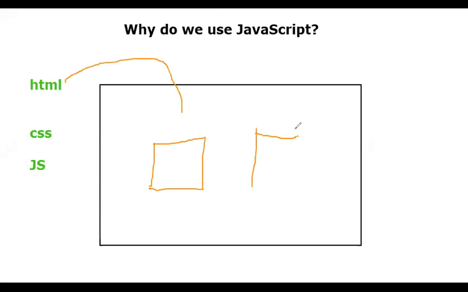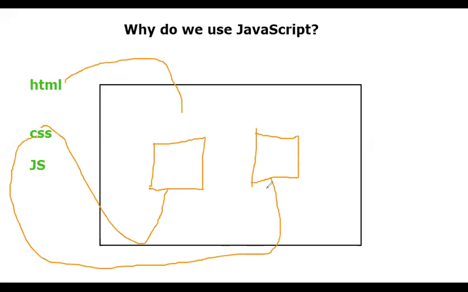While CSS helps us give some colors to it, let's say this one red and this one green, and some cool designing, much more padding, margins, and all. JavaScript will give it some logic. Like if you click on the plus button, the number goes up by one. If you click on the minus button, your number will come back to 0. That's why we need JavaScript to put logic in our code, and that's the basic need of using JavaScript. Starting with any programming language, let's get started.